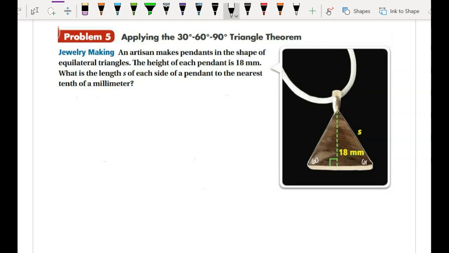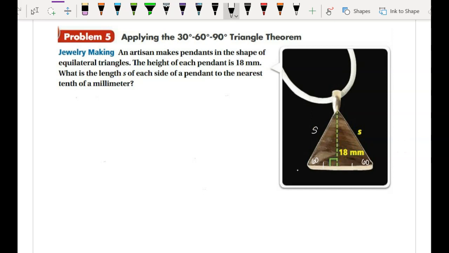So I know that this is 60, and this large angle up here is 60 as well. The height of each pendant is 18 millimeters. So it comes from the vertex and drops down. What else do I know? Well, that tells me that these two are congruent.